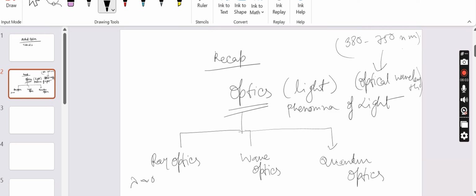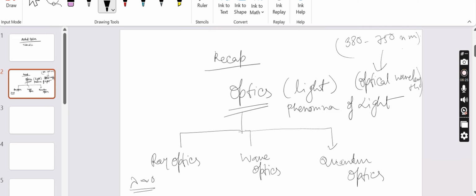And by ray optics, we cannot describe some optical phenomena like diffraction, because according to ray optics, diffraction doesn't occur, because the wavelength is almost zero.